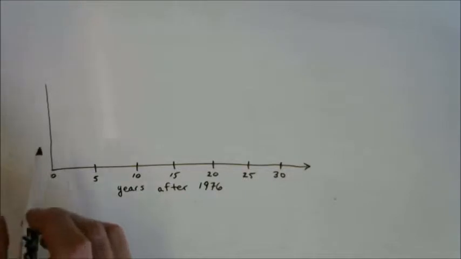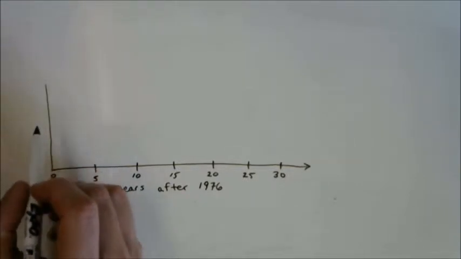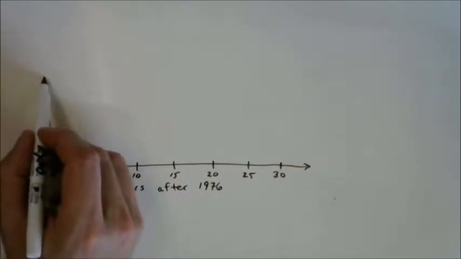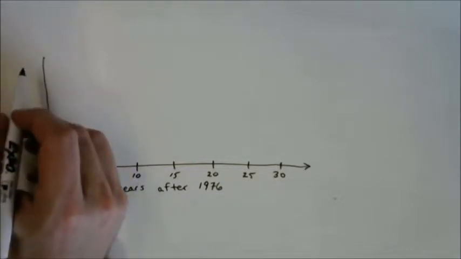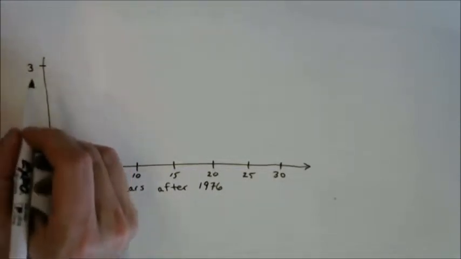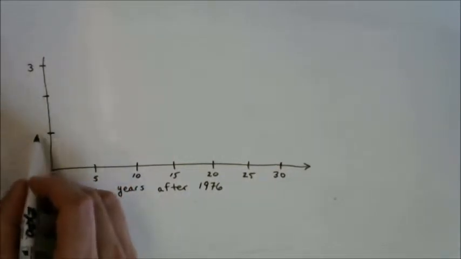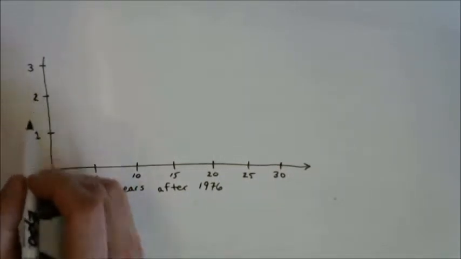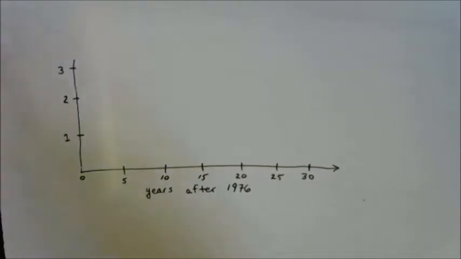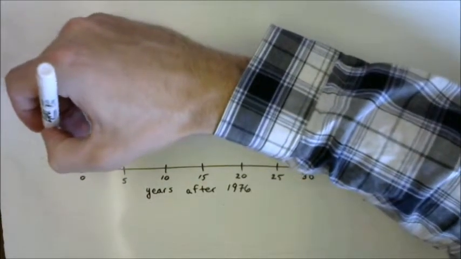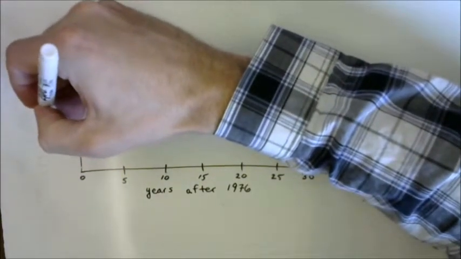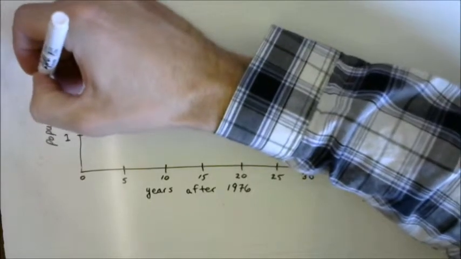And we won't leave anything out. We'll do the full chart. So we'll go up to 3 million. And we should label that that is population. And it's measured in millions.